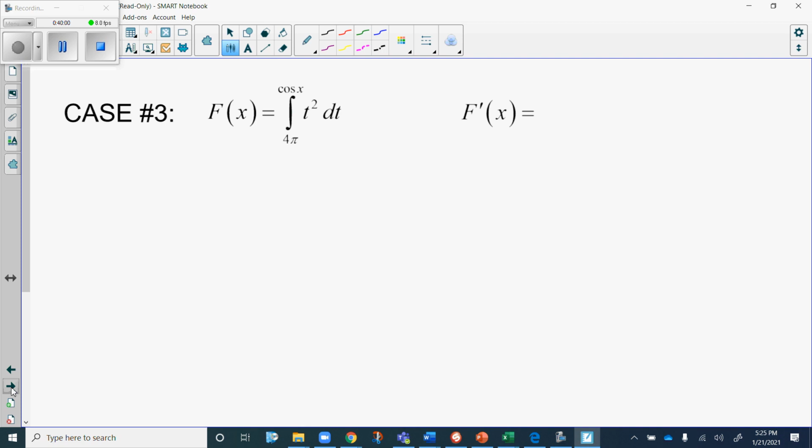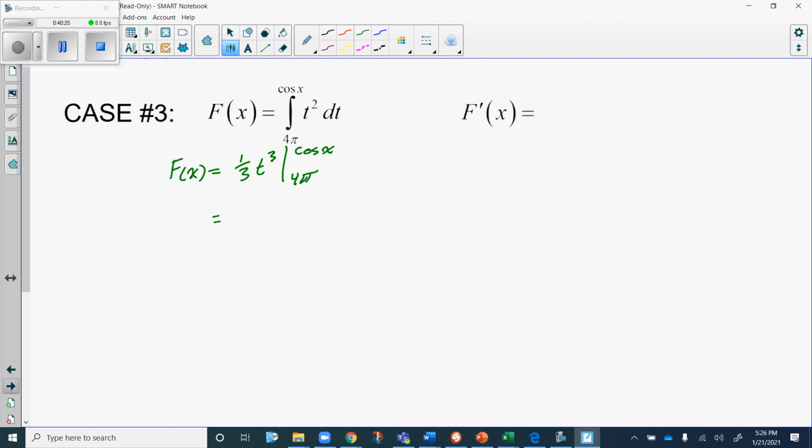Again, find the derivative or the antiderivative first. So capital F of x, in this case, I'm going to get the expression to be 1/3 t cubed evaluated from 4 pi, which is just a constant, to cosine of x.